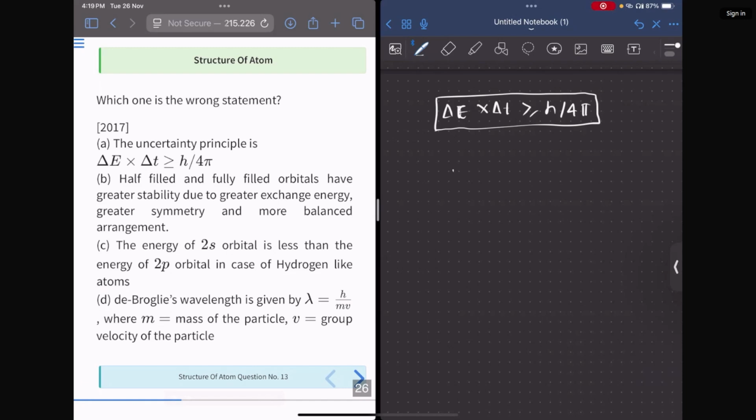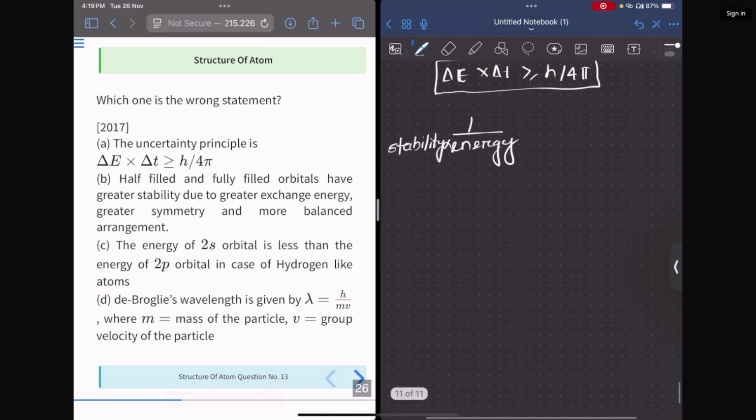The stability of an orbital is inversely proportional to energy. The less the energy, the more stable the orbital.